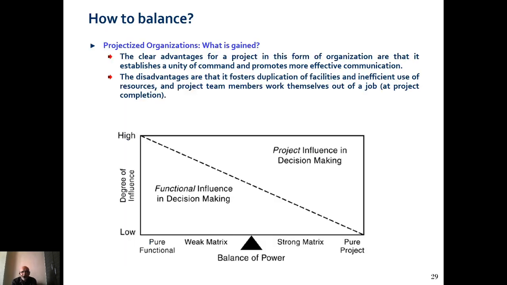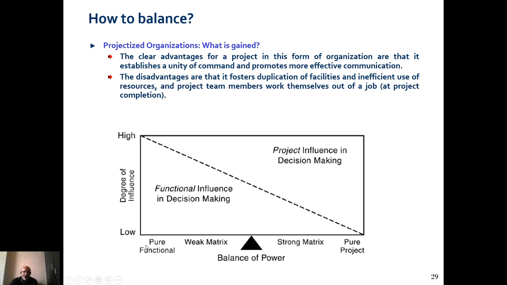Now, how to balance is the question. Now, just see balance of power and degree of influence. So, there are the categories low to high, degree of influence. This has been based on the previous table itself. Right. So, as you are balancing, power shifts left towards pure functional.